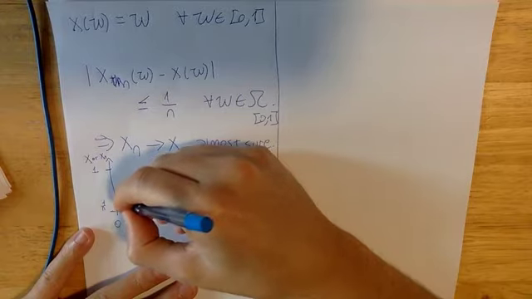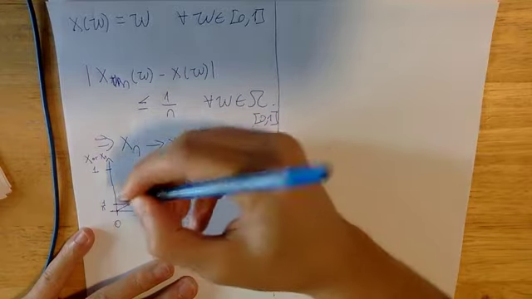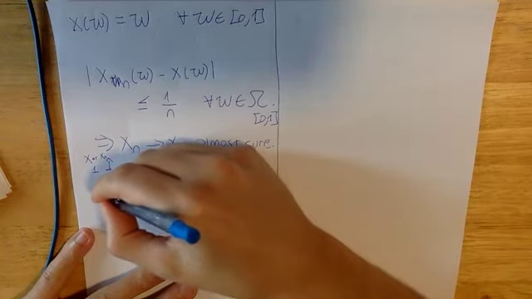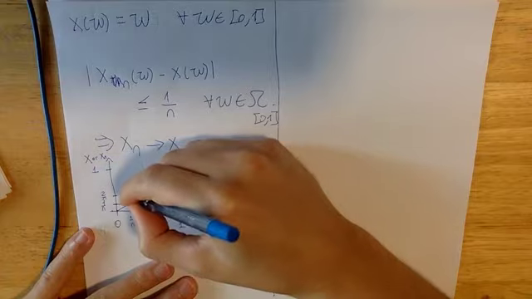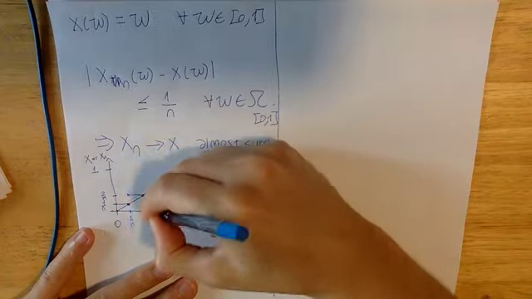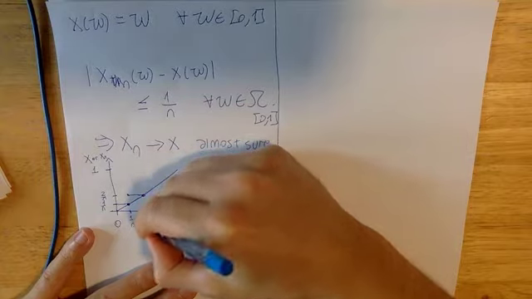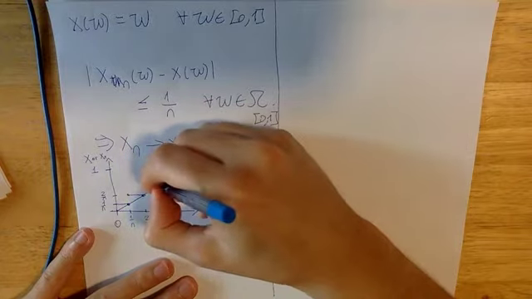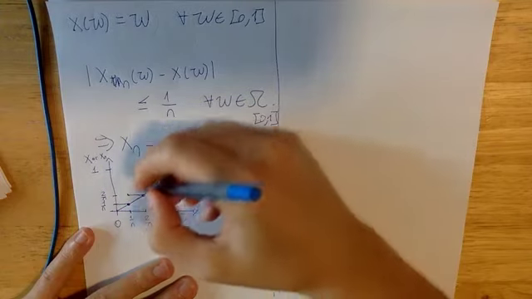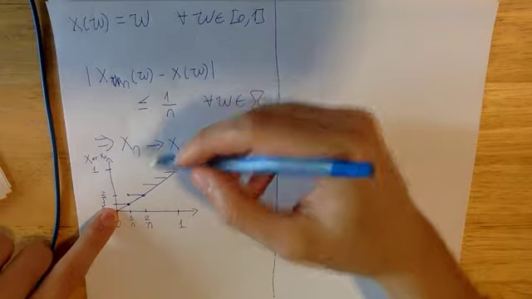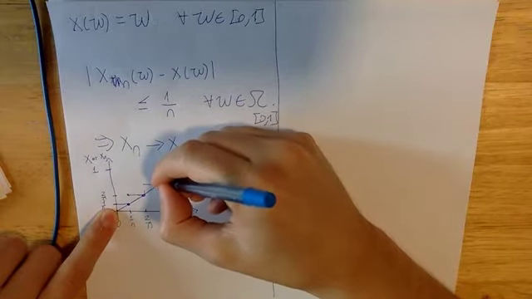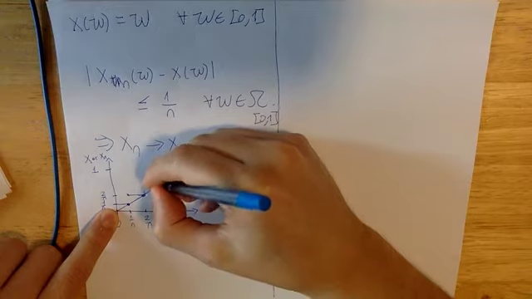Then it's going to have a jump, so at this point they coincide, which is 1 over n. At 1 over n it is going to have a jump to 2 over n, here there is 2 over n, and then we have another jump, and another jump, and another jump. And the idea is that the maximum distance between these two curves is given in any point here, and the distance here is 1 over n.